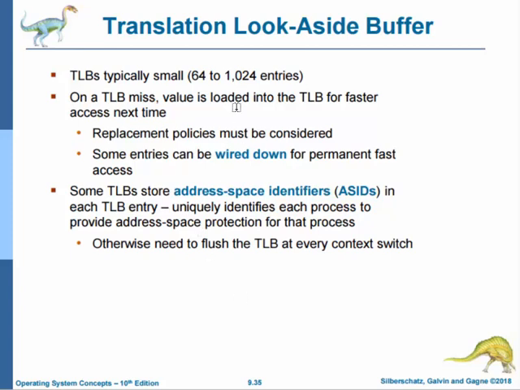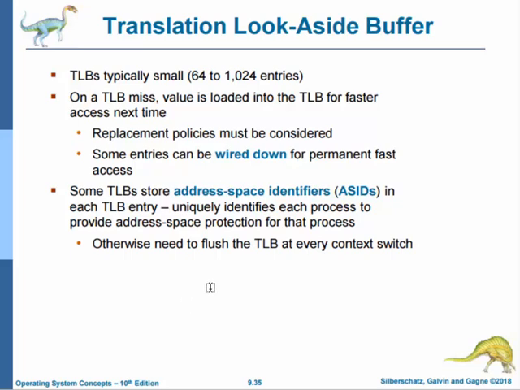So the standard solution to this problem is to use a special small fast lookup hardware cache called TLB, or translation lookaside buffer. The TLB is associative high-speed memory, and each entry in the TLB consists of two parts: a key or tag and a value. When the associative memory is presented with an item, the item is compared with all the keys simultaneously.